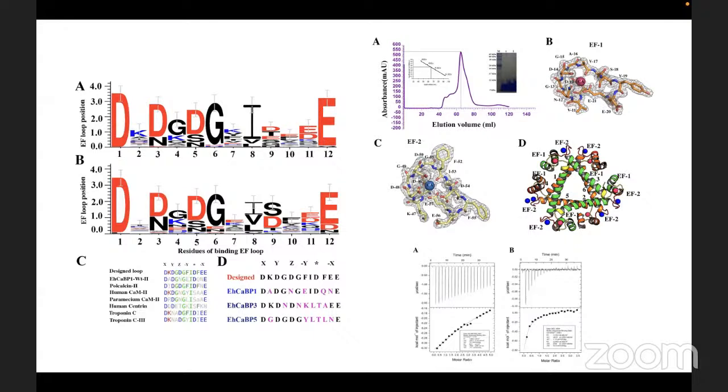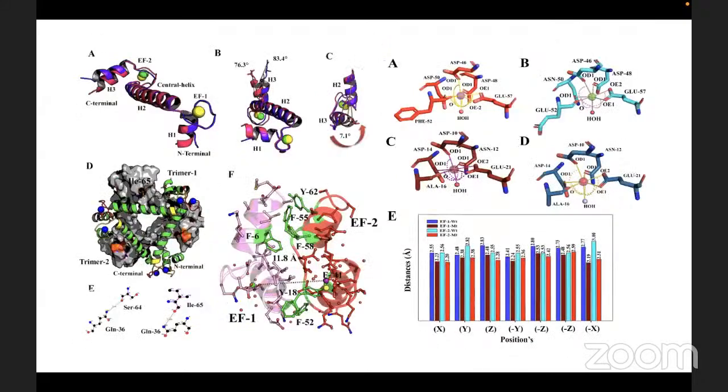These were not very drastic mutations, but they were something that was not done before. No one had ever thought about how these residues are going to play a key role in this designed molecule.